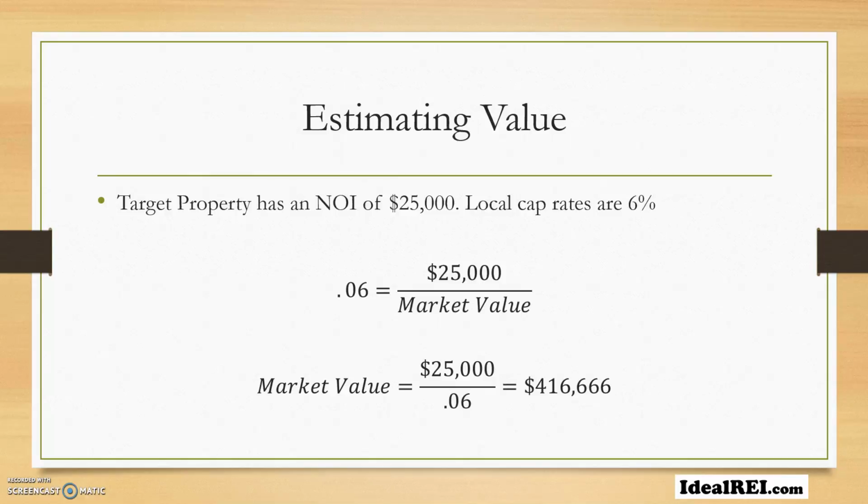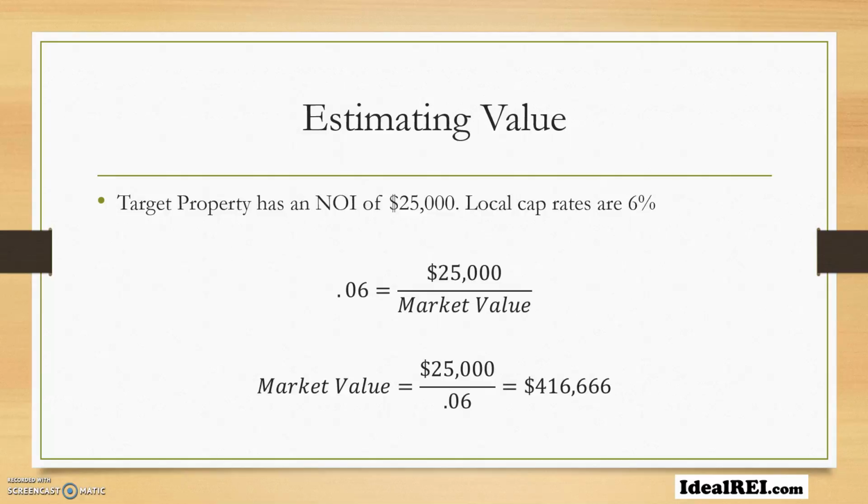It's a slight adjustment, but the same formula. $25,000 divided by 0.06 is $417,000. So if you wanted to earn a 6% rate of return and it was returning $25,000, you would offer $417,000 on this property.